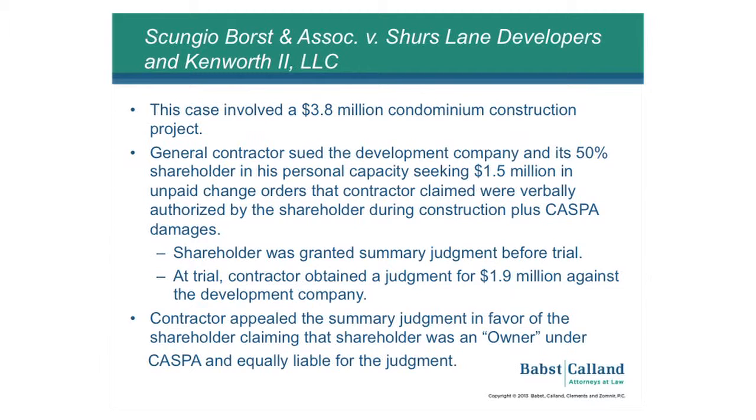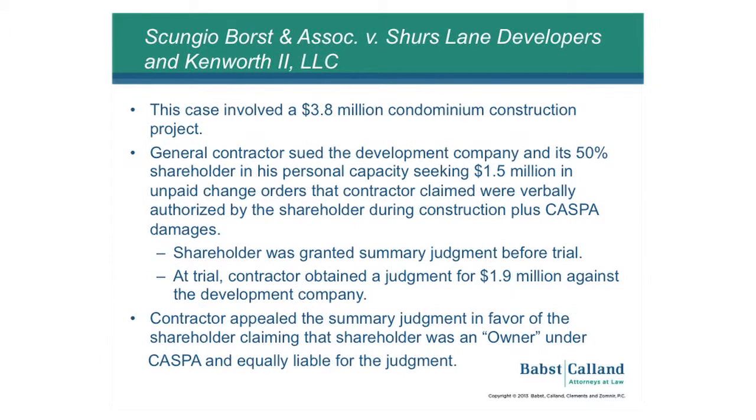The case proceeded to trial between the contractor and the two development companies, and the contractor was ultimately awarded a $1.9 million judgment against the defendants. Despite being the winning party at trial, the contractor actually filed the appeal, challenging the summary judgment that was awarded in favor of the shareholder.